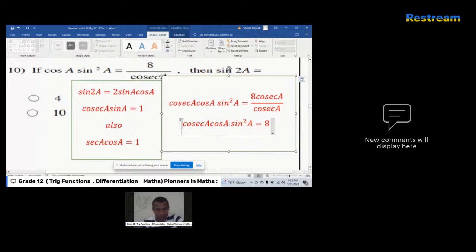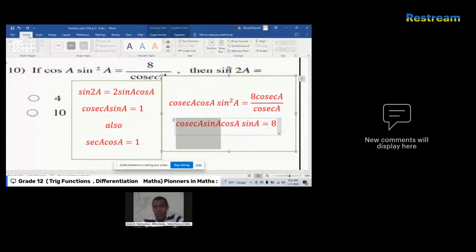Sine square of A is sine A multiplied by itself, so I can cut this and make here sine A, and here cosec A multiplied by sine A, times cosine A sine A equals 8. This one is equal to 1.